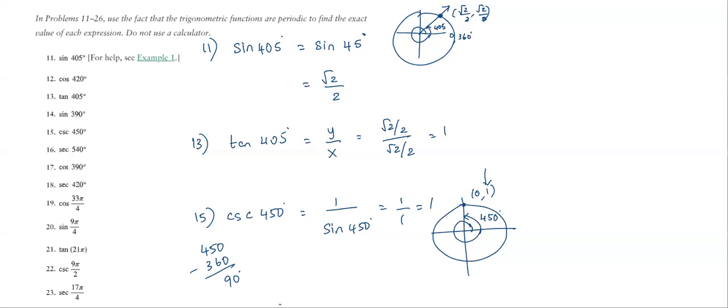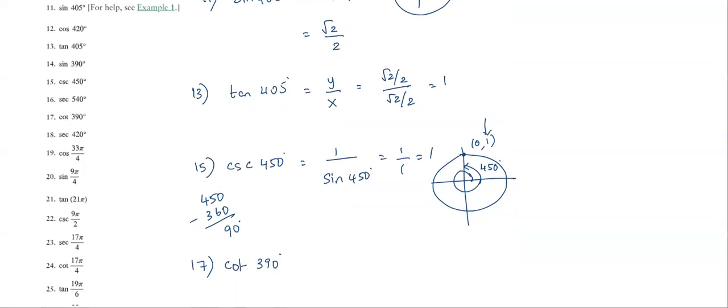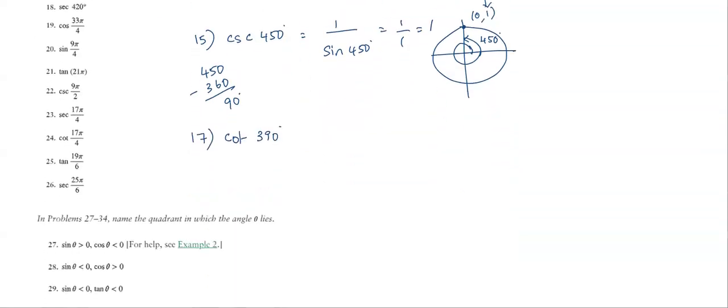Where is 390 degrees? Let's see. We might have to take this down. Okay. 390 degrees is 360 degrees plus another 30 degrees. So cotangent 390 is coterminal with 30 degrees, and is going to have the same value as cotangent 30.